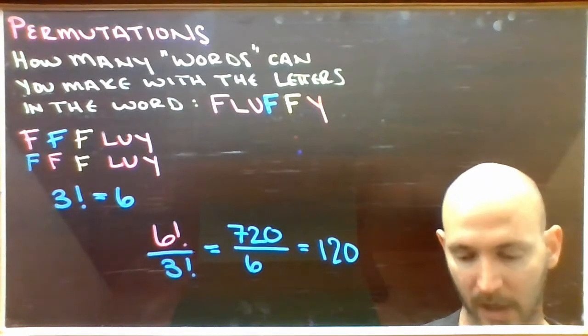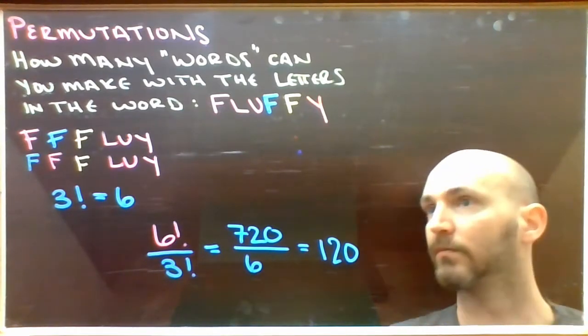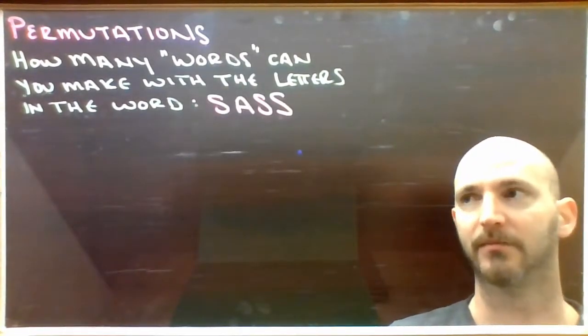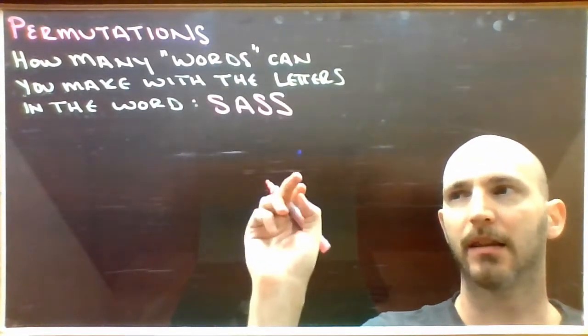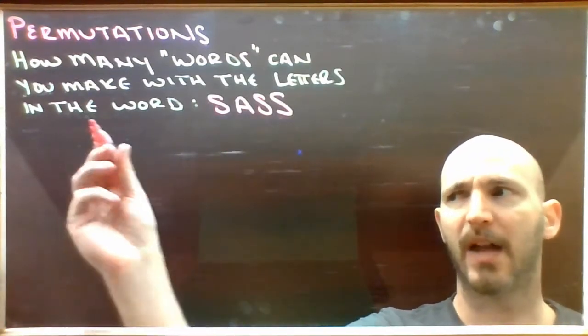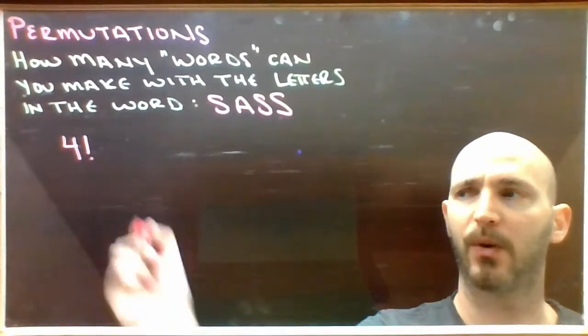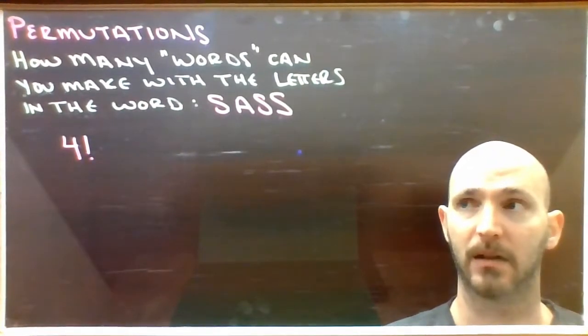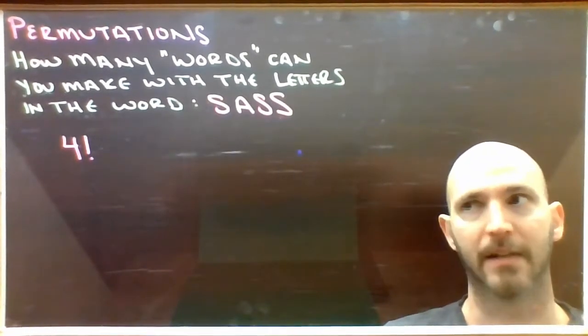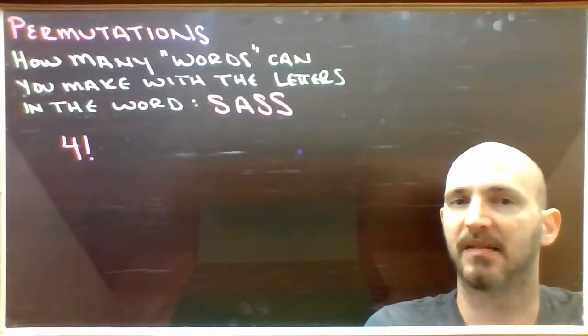So let's try a more complicated one. SAS. There are 4 letters in this word. So that should make 4 factorial arrangements of those letters. But 3 of them are indistinguishable. I can't tell these S's apart.